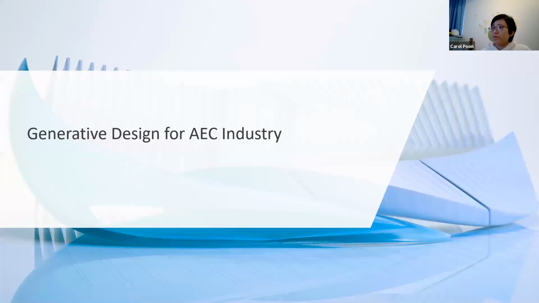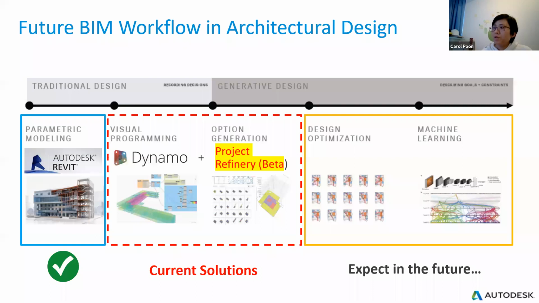So for our AEC industry, we also have the generative design workflow. You can take a look at this diagram. From the left-hand side is the traditional design method. So we may use AutoCAD, and right now we have transformed our workflow from 2D CAD drawing to BIM, and for BIM we can use Revit.